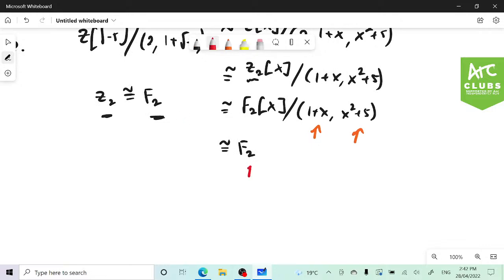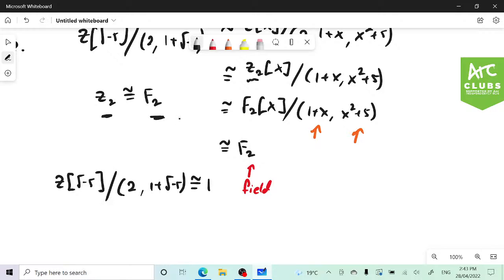So this is a field, meaning that what we've basically proven is that this ring, this quotient ring, forms a field, or is isomorphic to a field.